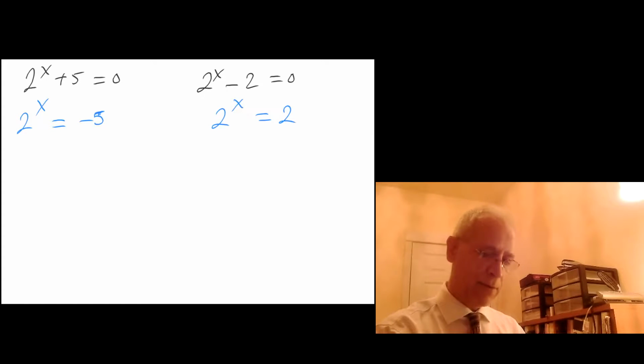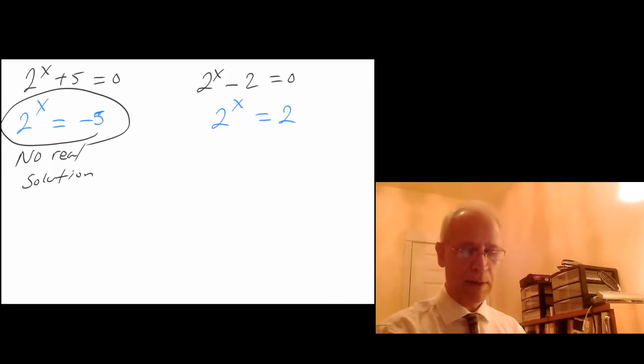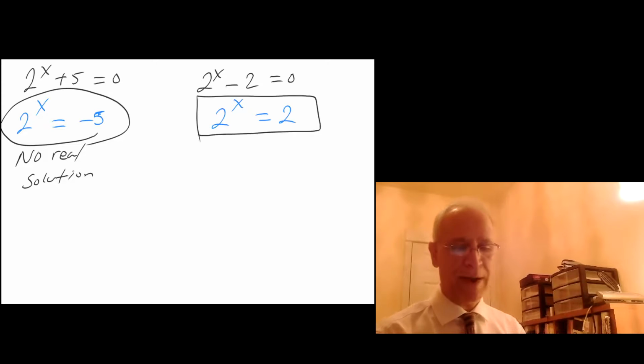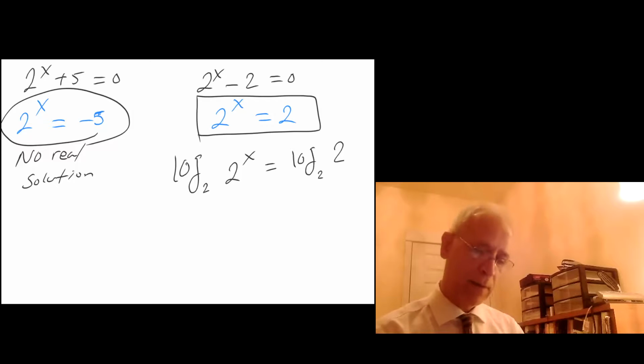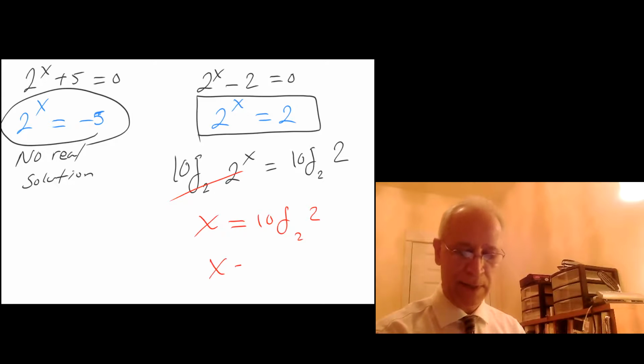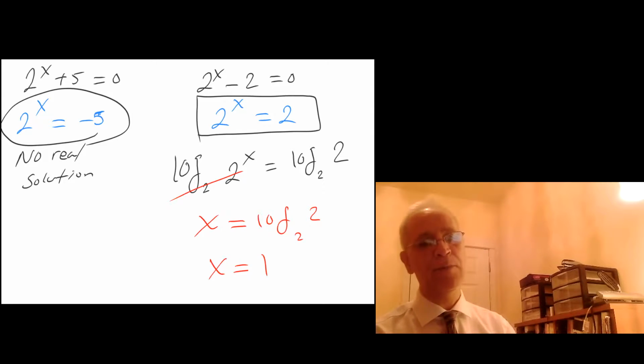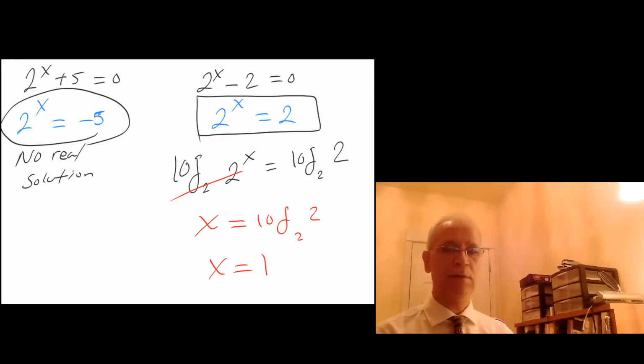Well, this one produces no real solution. But here, 2 to the power of x equals 2, I can simply take log base 2 of both sides. Now I have x equals log base 2 of 2, and I know log base 2 of 2 is 1, because 2 to the power of 1 equals 2.